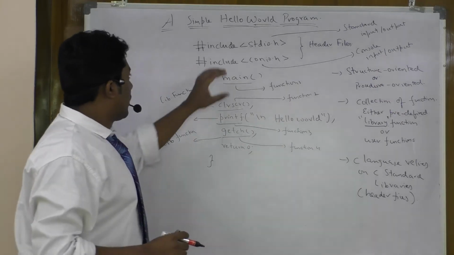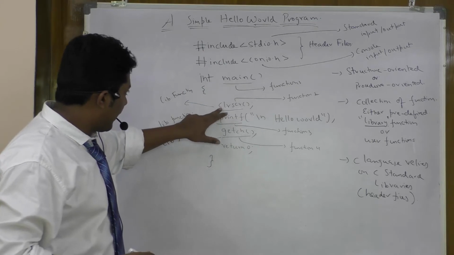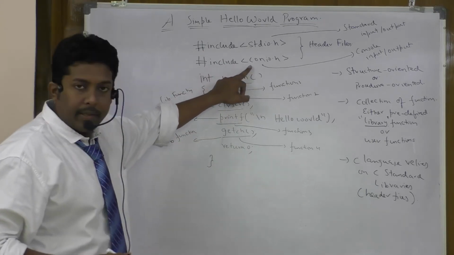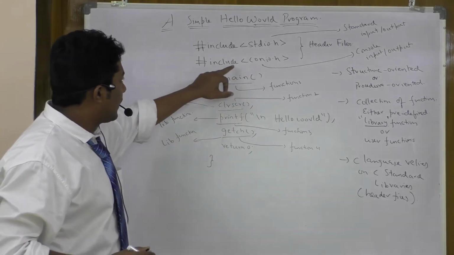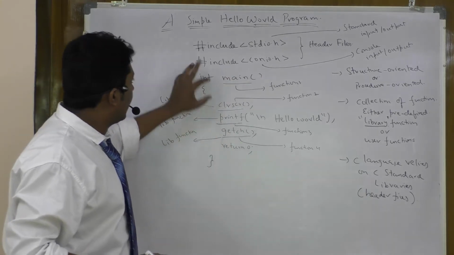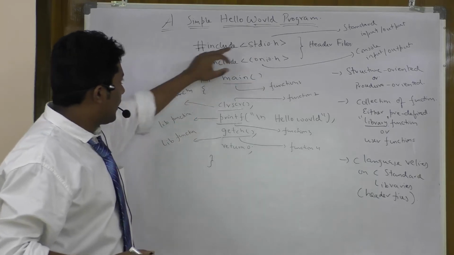Of these two header files, the clrscr function is defined under the standard library header file conio.h, and getch is defined under conio.h. printf is defined under stdio.h, which is another standard header file.